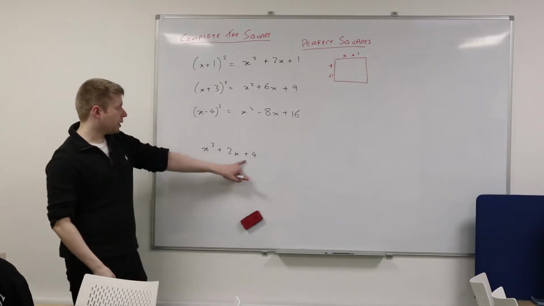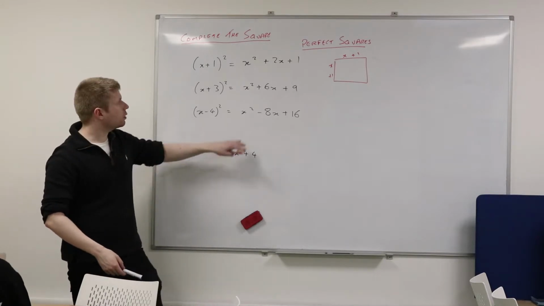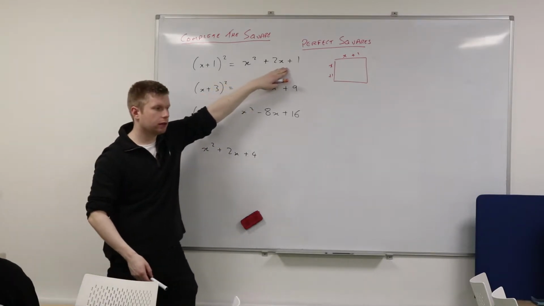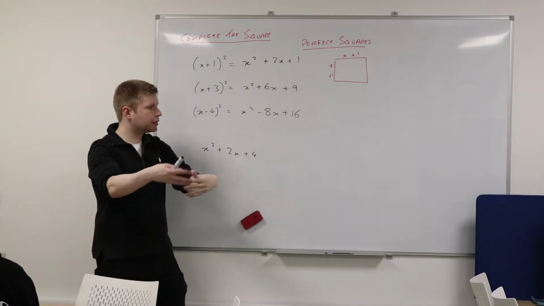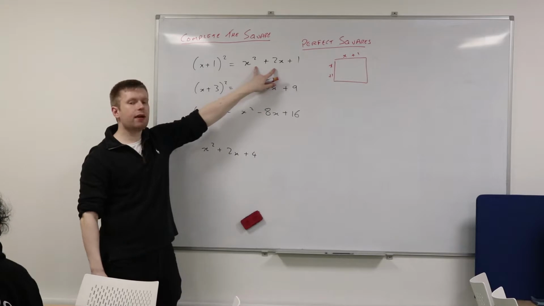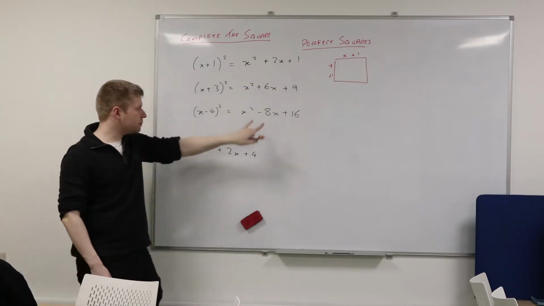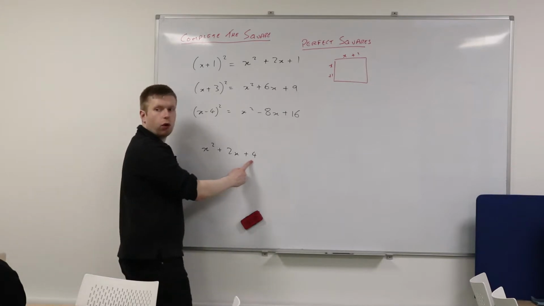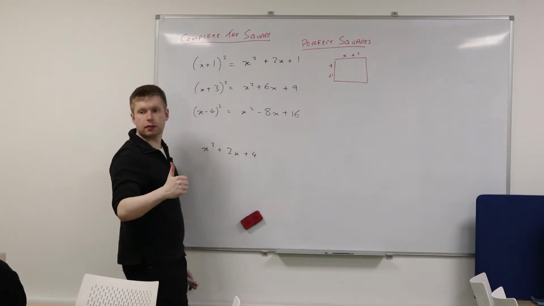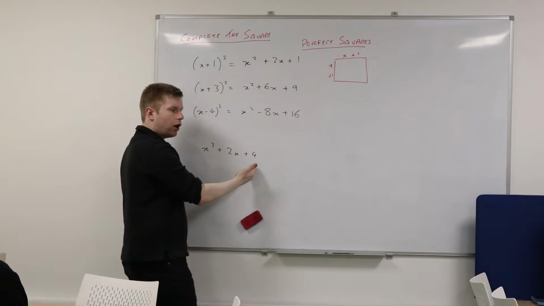You want that because you're going, hang on a minute, this looks suspiciously like this, which I know is definitely a perfect square. We'll discuss what makes a perfect square later on. The only issue is this plus 4. If this was a plus 1, we'd be in business. But that's okay. I can turn a 4 into a 1.